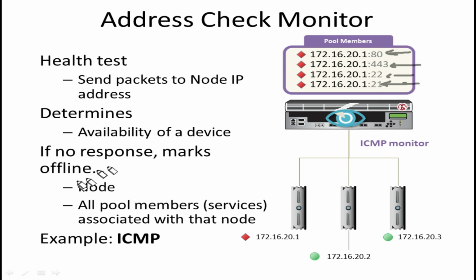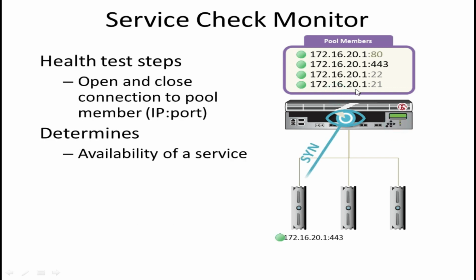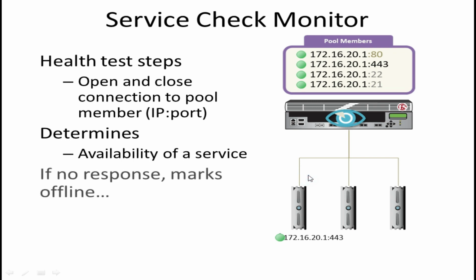To mitigate this issue, we can utilize the second kind of health monitor, and that is the service check monitor. You can see over here we are putting the monitor on the basis of a service check, unlike ICMP. It was just checking 172.16.20.1 port 443 service and determines the availability of the service instead of ICMP.